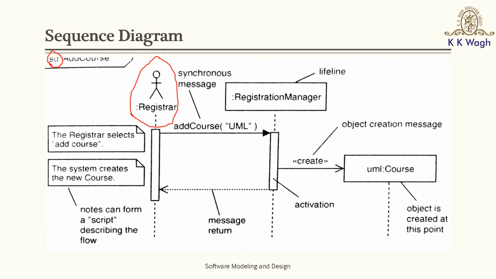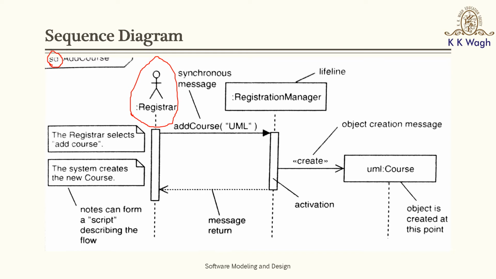Now note here that when there is a message sent from registrar, add course, to a registration manager, then and only then is the activation started, or focus of control started, between these two things, that is actor and lifeline. So now here you see the registrar actor starts with the focus of control.